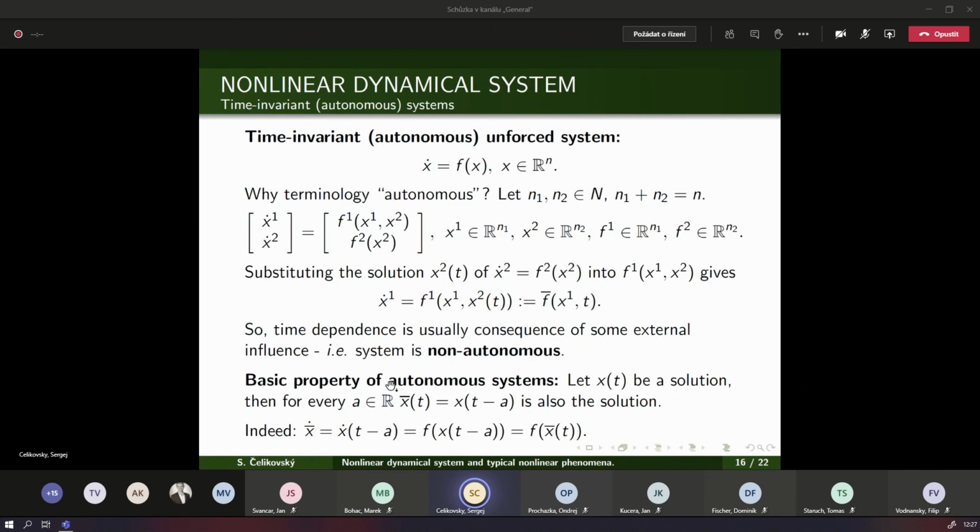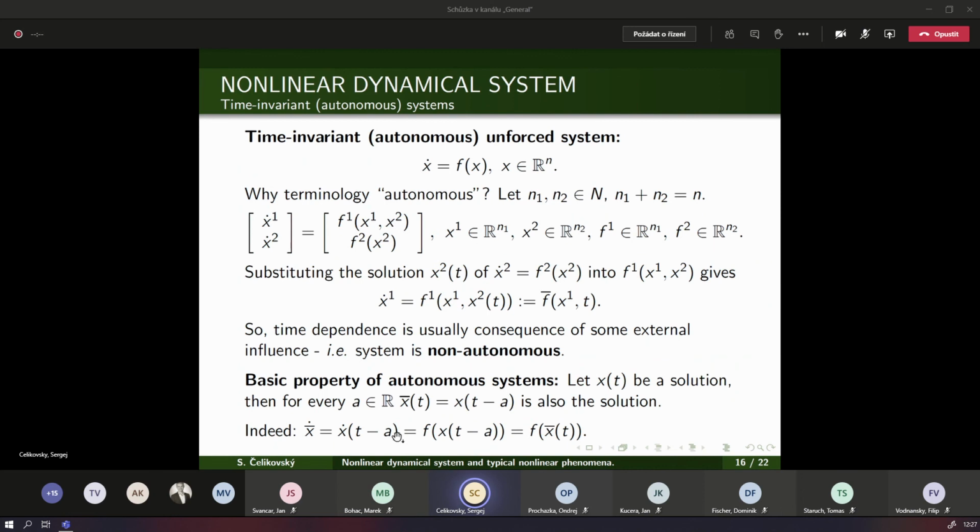And an interesting property of autonomous systems, which you will use, is that if you have some solution x(t), then if you take another time function, which is just the solution shifted by some real constant a, so x(t minus a), then it is also a solution. Why? Because if you differentiate this, then you differentiate this.